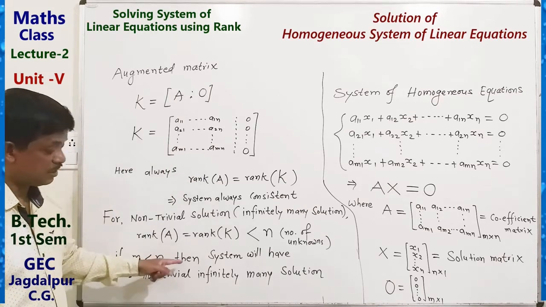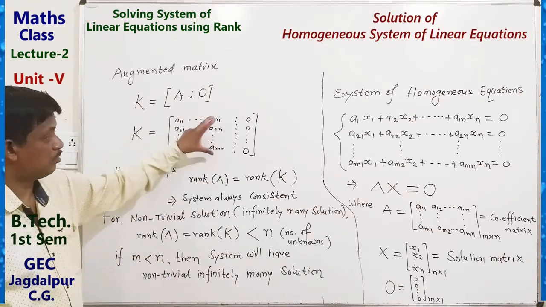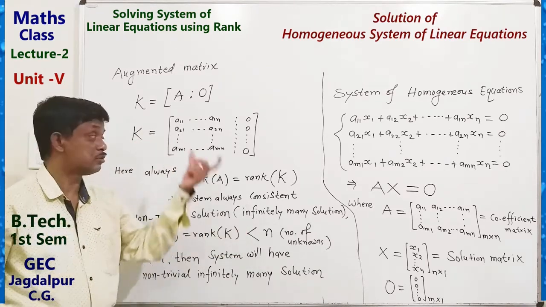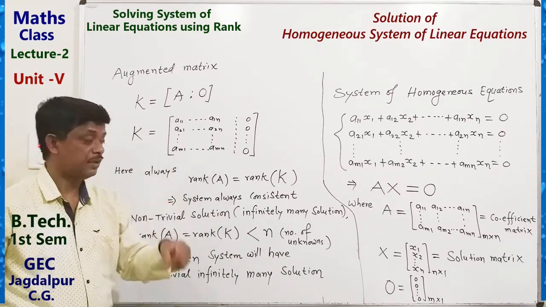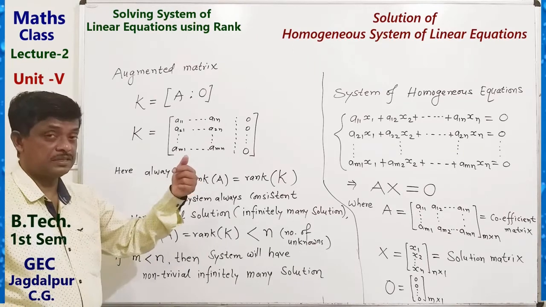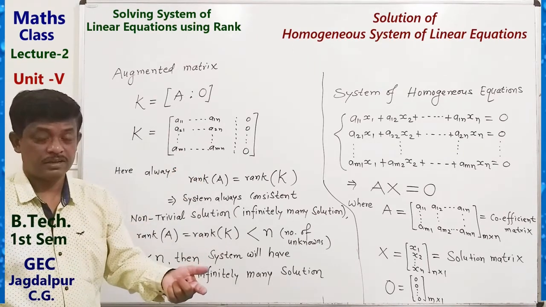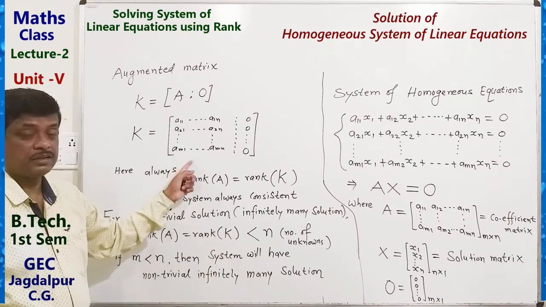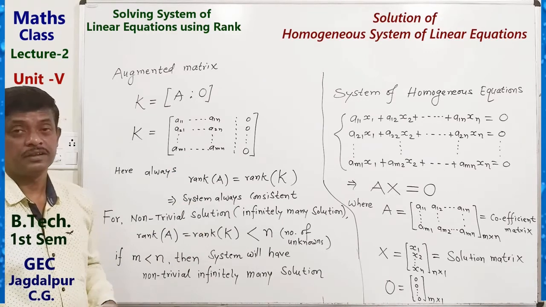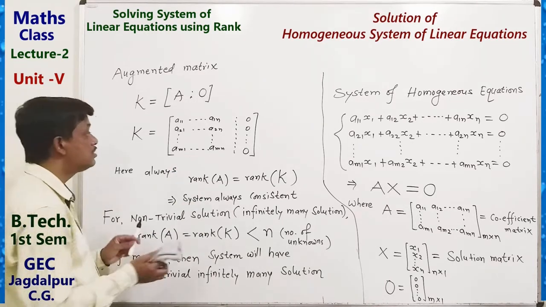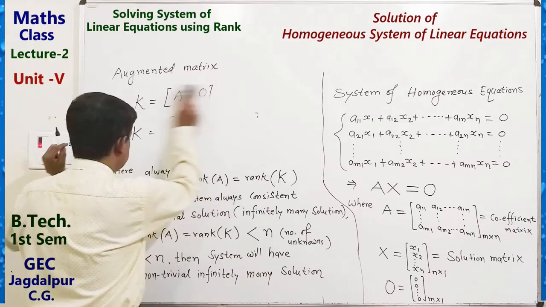For infinitely many solutions, the rank of this must be less than n, that's why the determinant should be 0. And if the rank of this equals n, then we will get only the trivial solution.